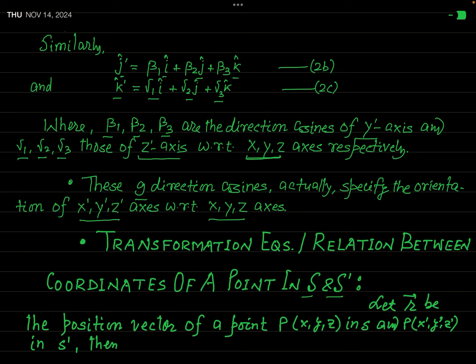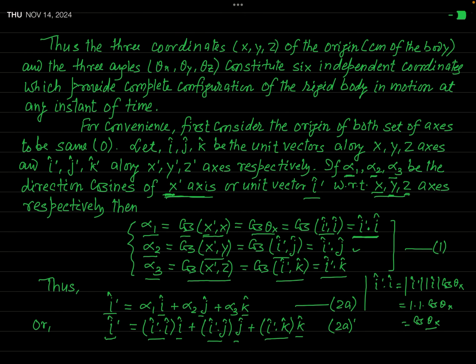It means if you know the coordinates of a point in frame S, you will be able to find the coordinates of the same point in another frame S dashed. Okay. And the equation which relates the coordinates of a point in two coordinate systems, that is called the transformation equation. Okay. And for this, let us see the figure.